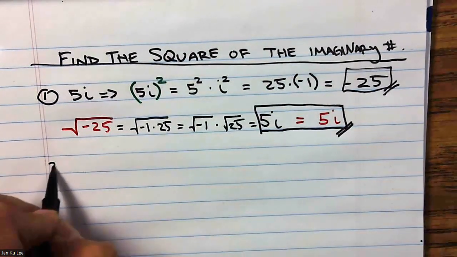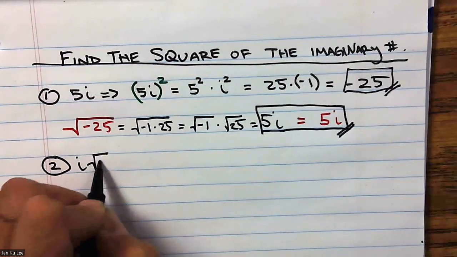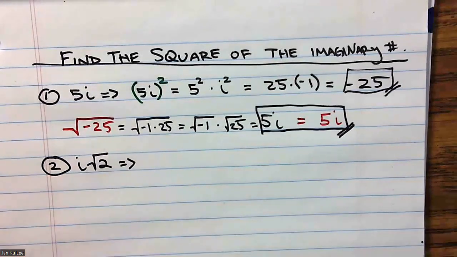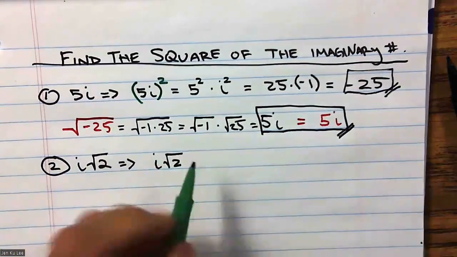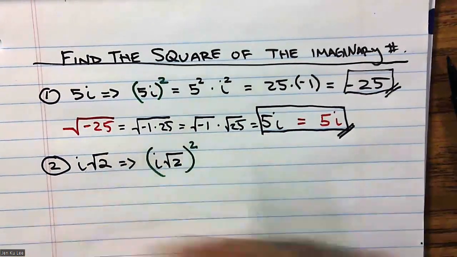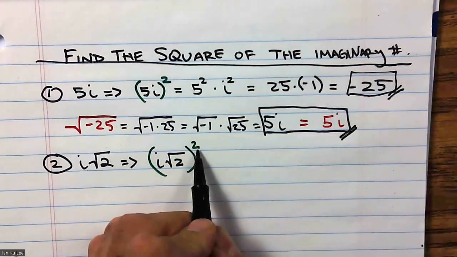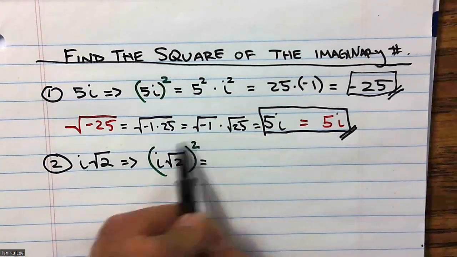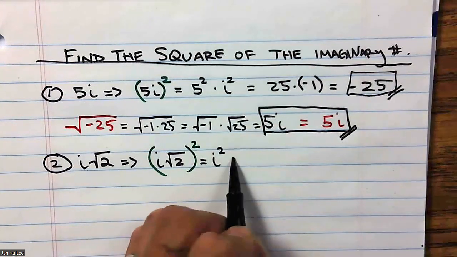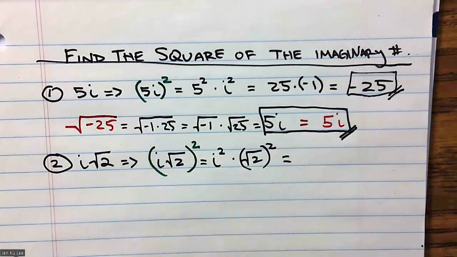The second one then, i square root of 2. If I square i square root of 2, right? Then I have to distribute the square to the i and the square root of 2, right?